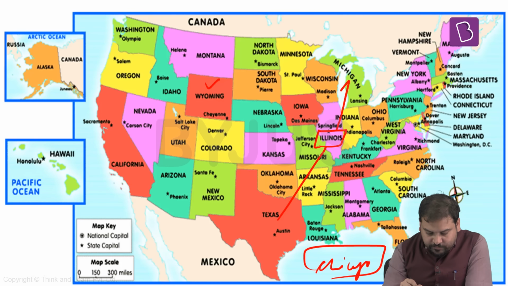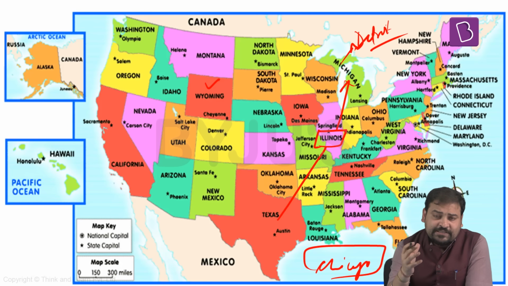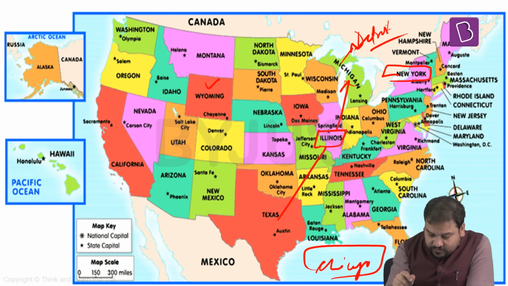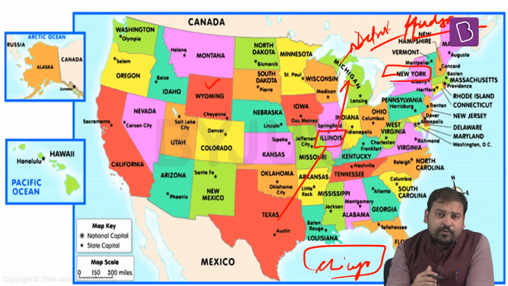Moving ahead, we go to Michigan, which has a very important town known as Detroit, very famous for its automobile centers in and out of the USA. Then we have the state of New York, which has the largest port in the USA, situated on the banks of the river Hudson. This is the most populated town of this country and also known for its skyscrapers.